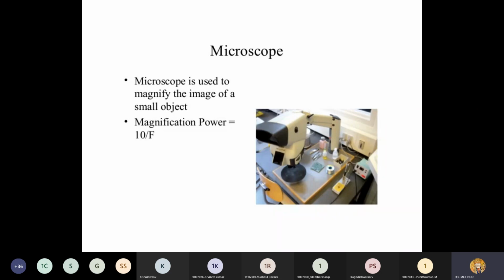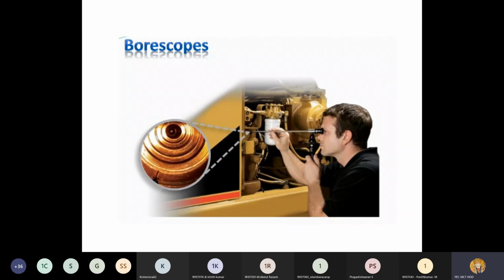There may be a few differences between microscope, borescope, fibroscope, endoscope and all those equipments, but the basic thing is to magnify, to enlarge the image of an object. It may be used in different, specific or unique areas. Now, what we are going to see today is a new equipment called the borescope.